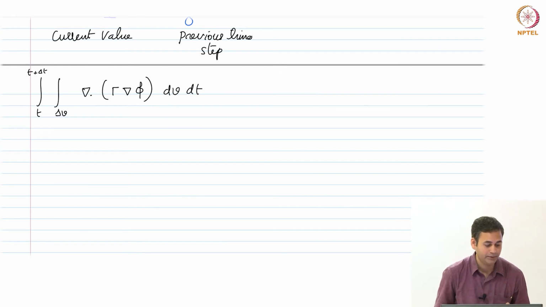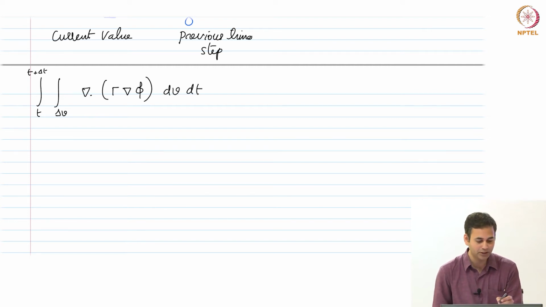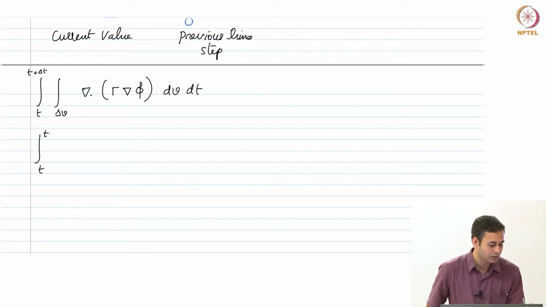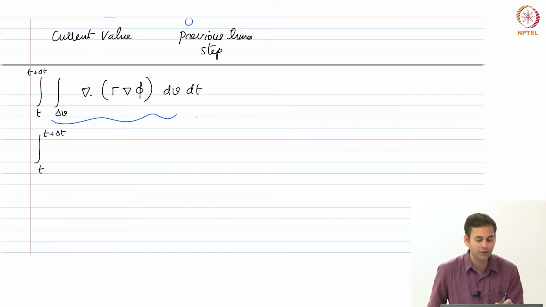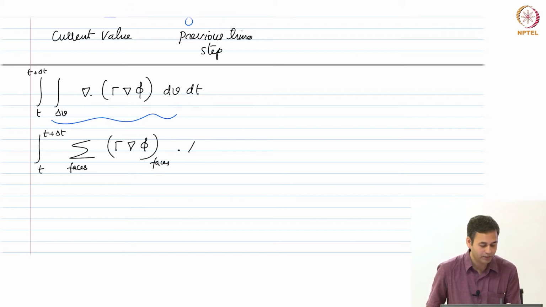Now, what do we do here? Essentially, we can again invoke the Gauss divergence theorem to convert this volume integral into a surface integral with a discrete summation. If I do that, integral t to t plus delta t, I can replace this entire thing with the already known value, that is the summation on all the faces, gamma grad phi on the faces dot A, A bar for the faces.